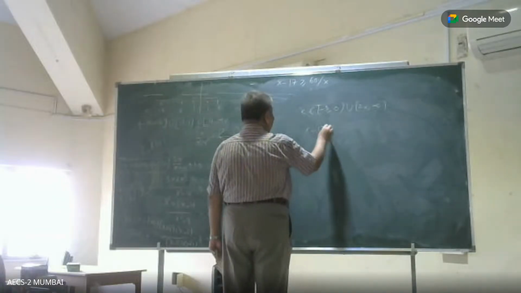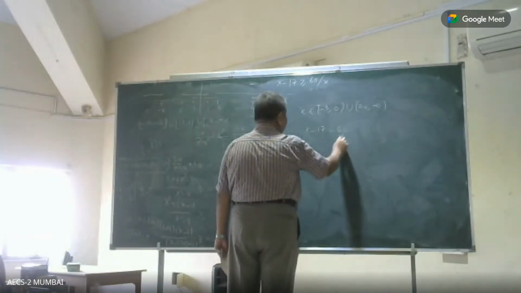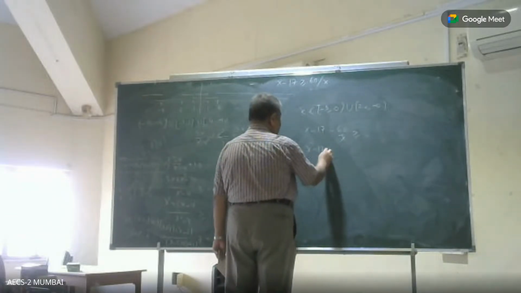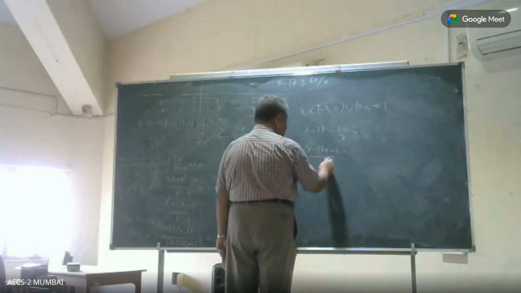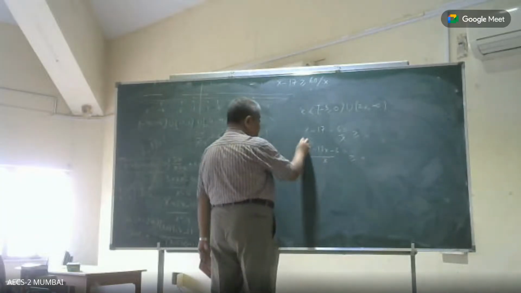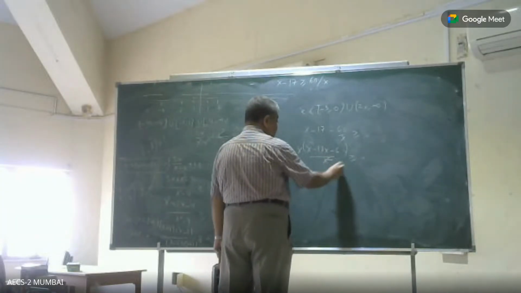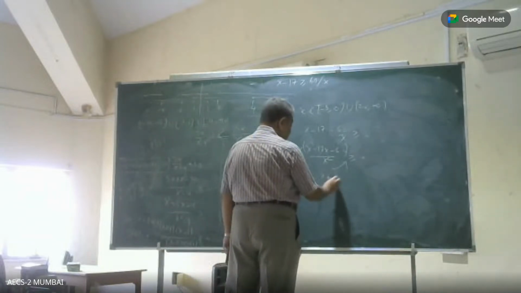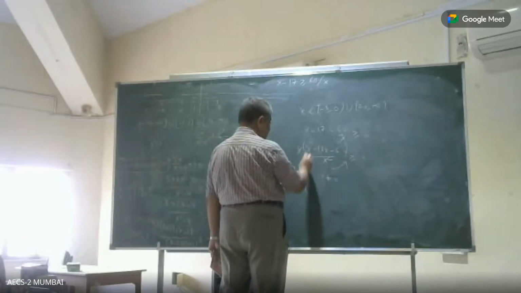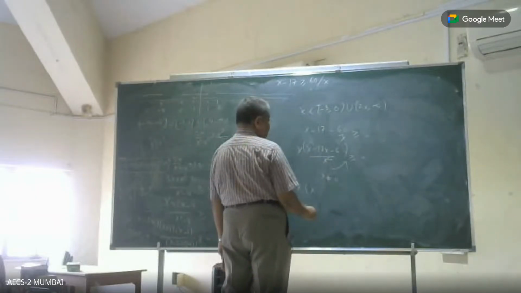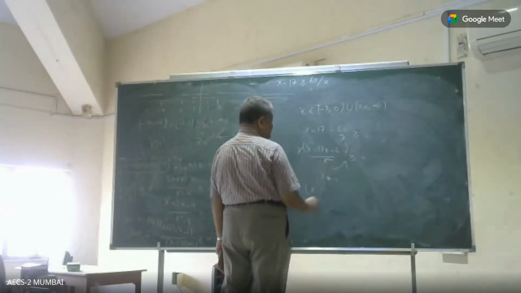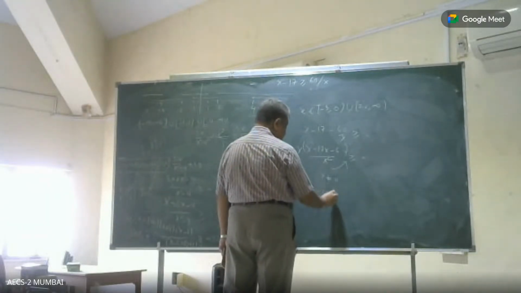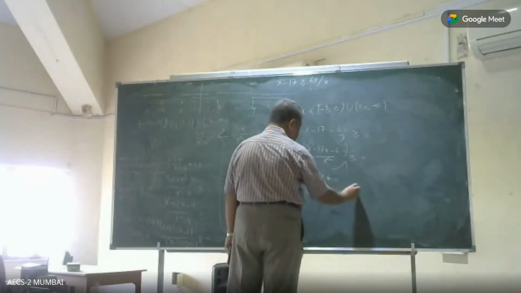Yeah, please bring everything on one side. x square minus 17x minus 60 upon x greater than 0, and line up the factors, and you declare that x should not be 0. Now factorize this. What are the factors? x minus 20 and x plus 3.